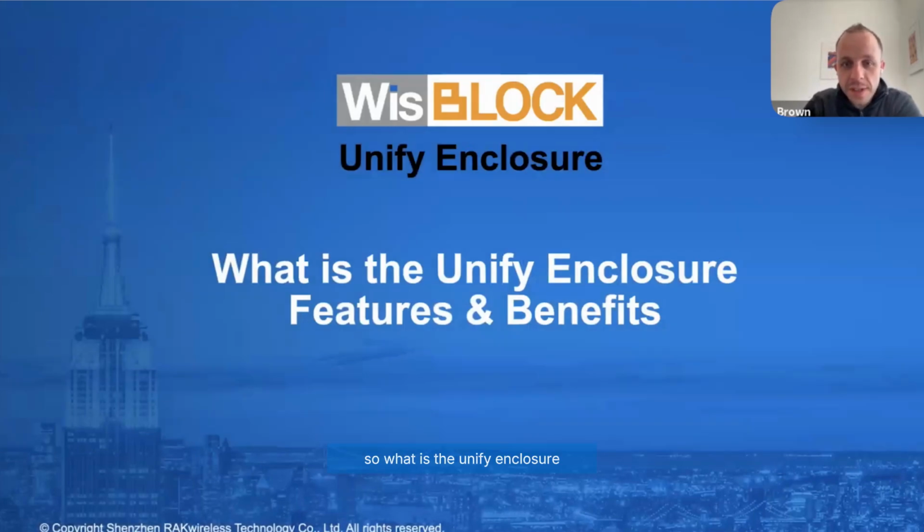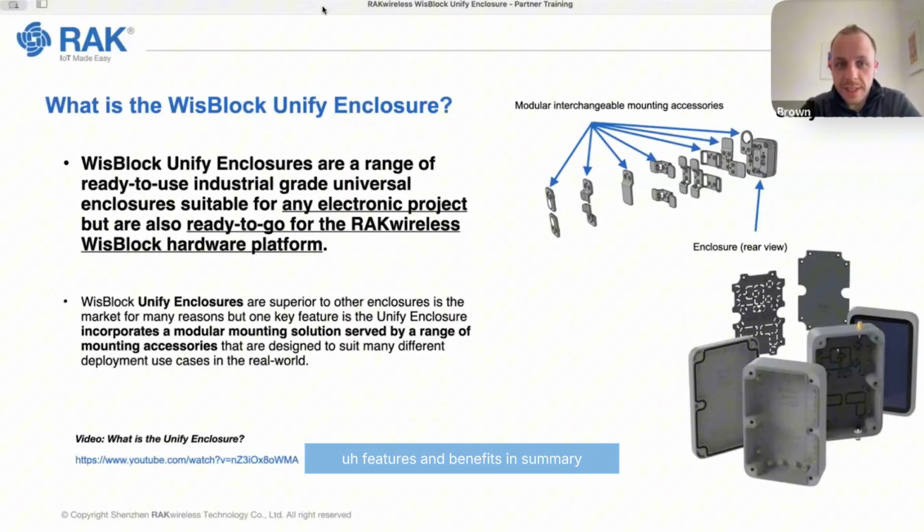So what are the Unified Enclosure features and benefits? In summary, it's a universal, ready-to-use, industrial-grade enclosure, a family of enclosures that is ready to go out of the box with our WisBlock range of hardware, but you can use it with any hardware you wish. One of the key features, which I'll come to later, is that this enclosure features modular mounting accessories.